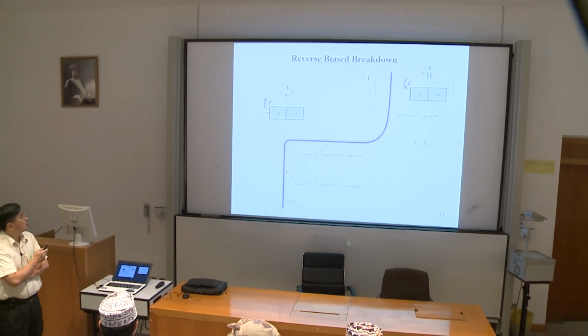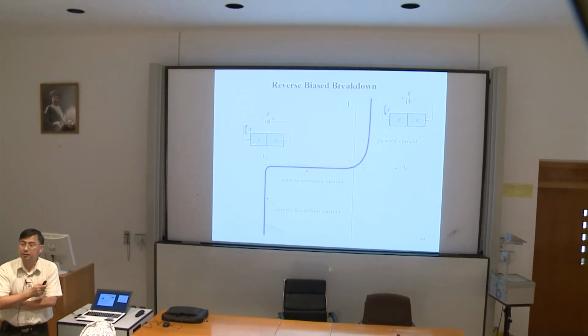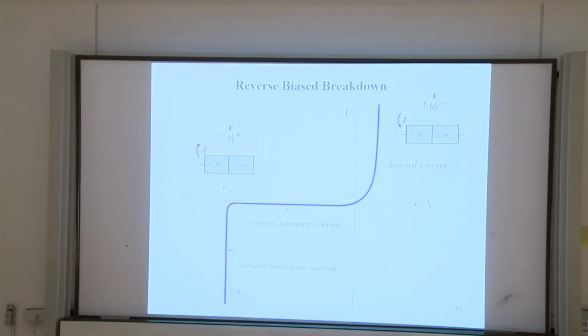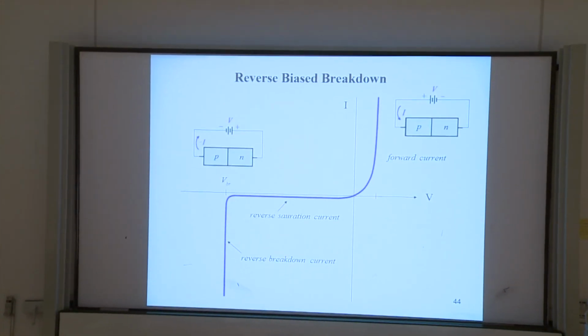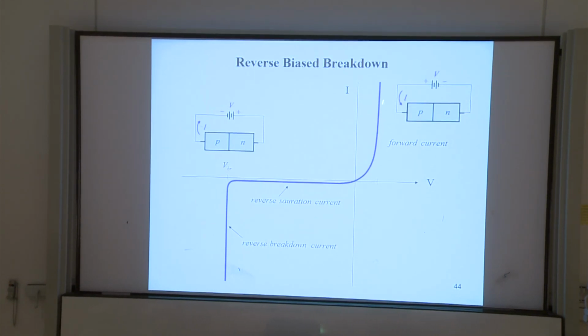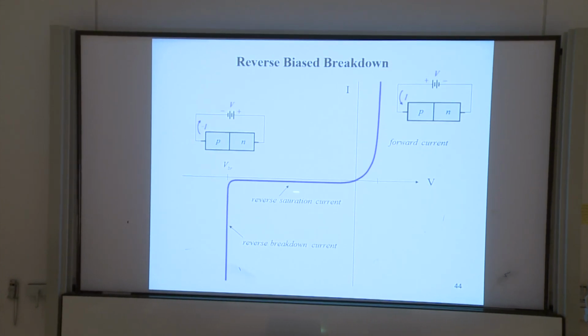Today, we are going to talk about the diode, actually the diode when it is illuminated. When the diode is illuminated, it no longer has the characteristic IV curve, something like this.